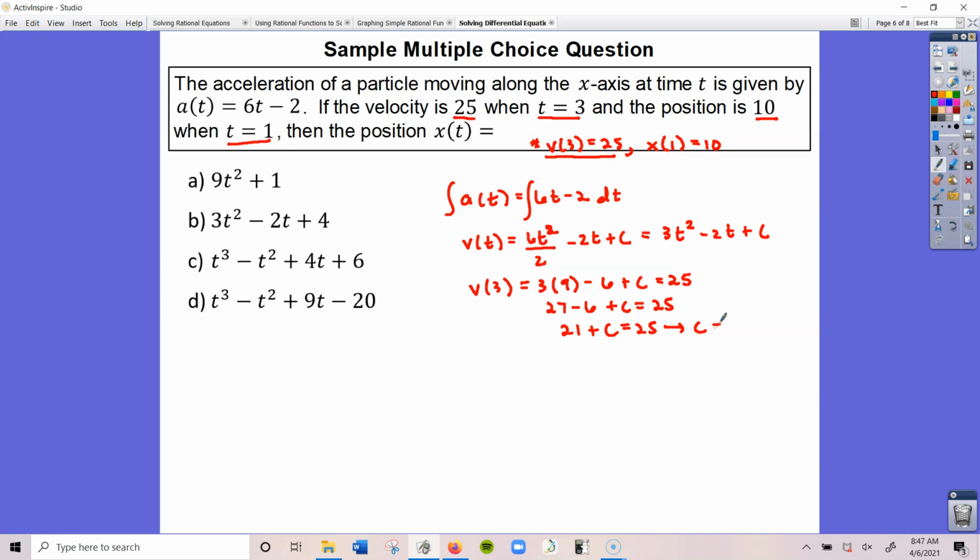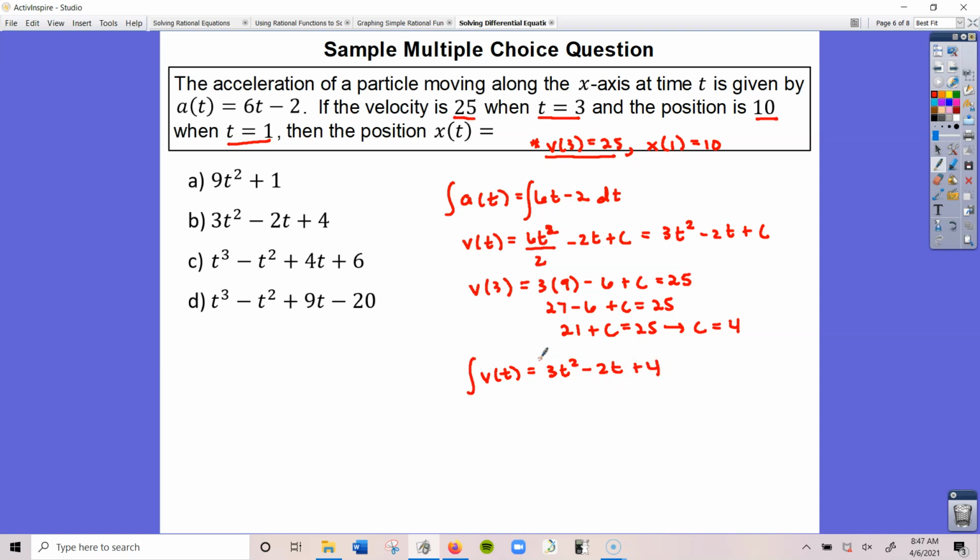That means that c must equal 4. So now that we have c, we can plug that in for v of t, which is going to equal 3t squared minus 2t plus 4.